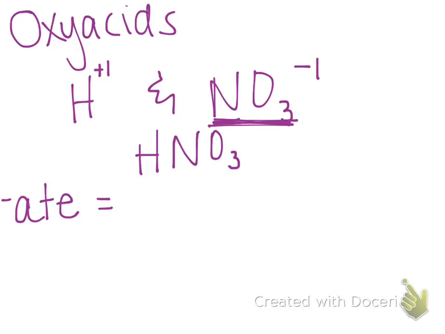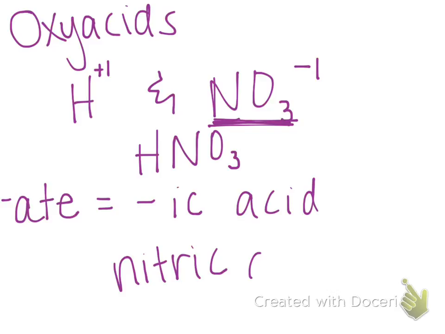Okay, so we have to pay attention to what the anion is. It came from an ate anion, so that means that it ends with ic. That's it. No hydro, that just means it ends with ic acid. Okay, so we take the root, we end it with ic, which means this would be called nitric acid.